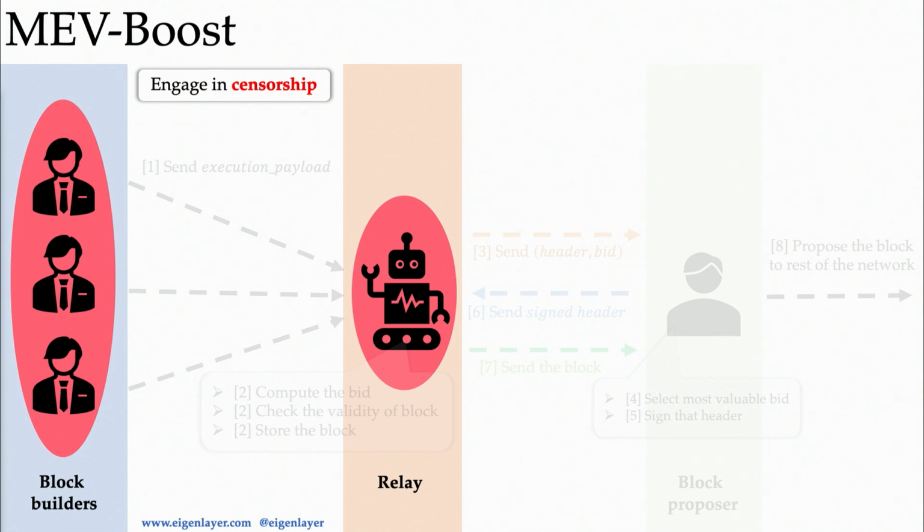So it is possible for a few block builders and relays, or even all the block builders or all the relays, to fundamentally engage in censorship. Whether such censorship occurs for extortion, for regulatory reasons, or otherwise, there is a possibility that such censorship can occur.